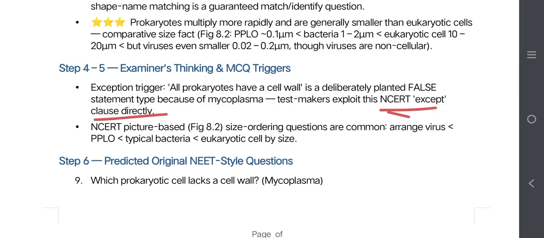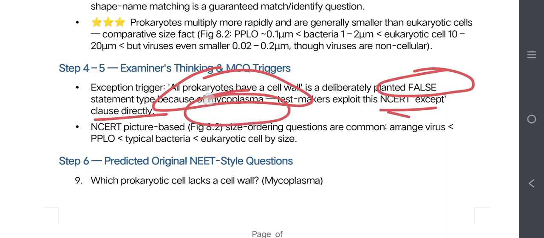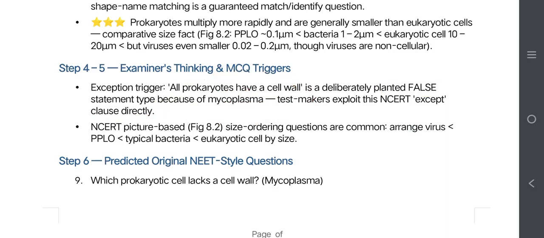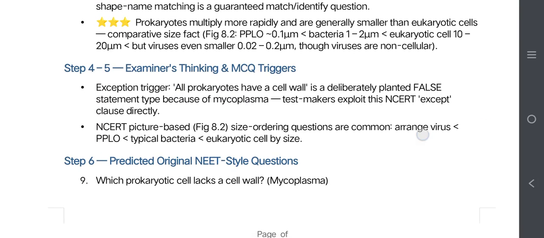If the question asks for the false statement, you say all prokaryotes have a cell wall.